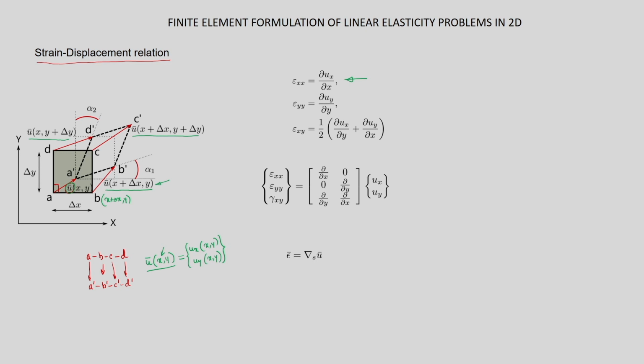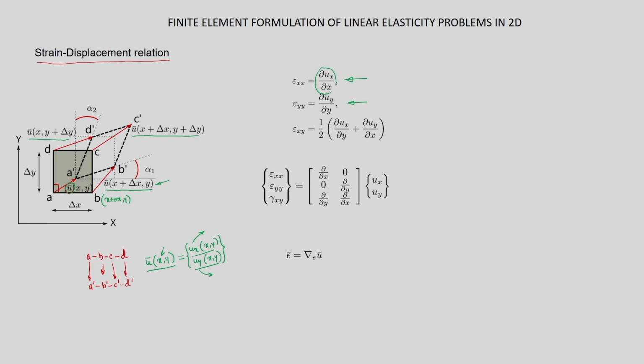As delta x approaches 0, epsilon xx will be del ux del x. Similarly, the longitudinal or normal strain along the y direction is obtained from the change in length of the side AD as epsilon yy, that is del uy del y. Remember, u has two components, ux and uy. ux denotes the displacement along the x direction, and uy denotes the displacement of a given point in the y direction.